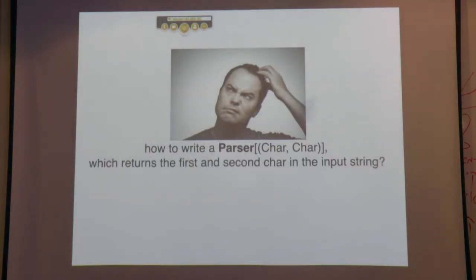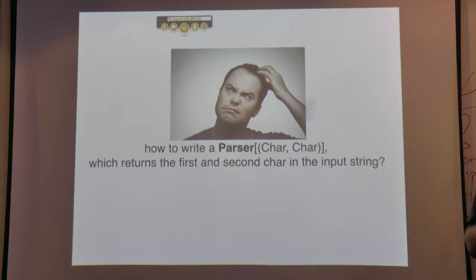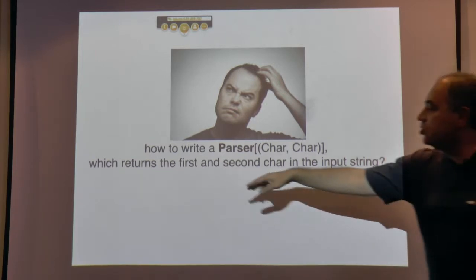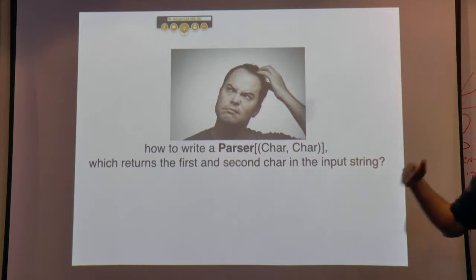Okay, we have seen an item parser. Now I want to create a new parser which returns not just the first character, but also the second character of the input string, and fails if the string size is less than 2.